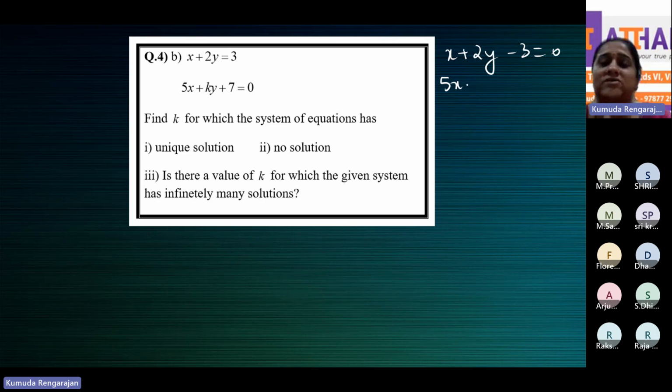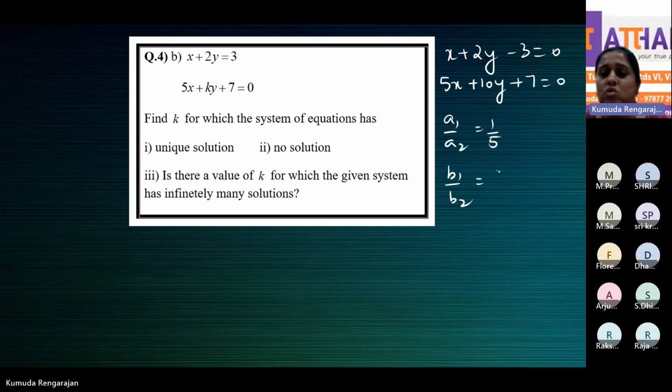Now, we got the answer, k should not be 10. But I'm taking 10. Suppose it's 10. What happens, I'm asking. What is A1 by A2? 1 by 5. What is B1 by B2? 2 by 10, which is also 1 by 5. What is C1 by C2? Minus 3 by 7.